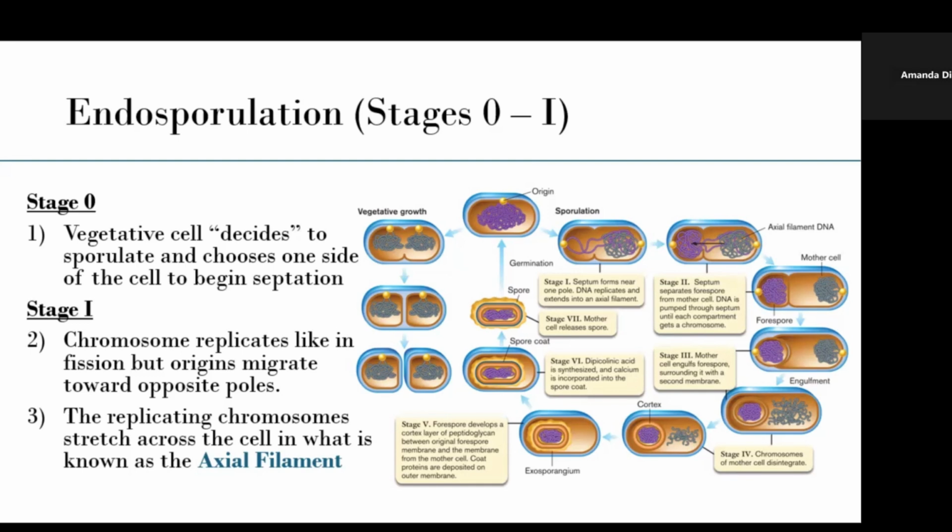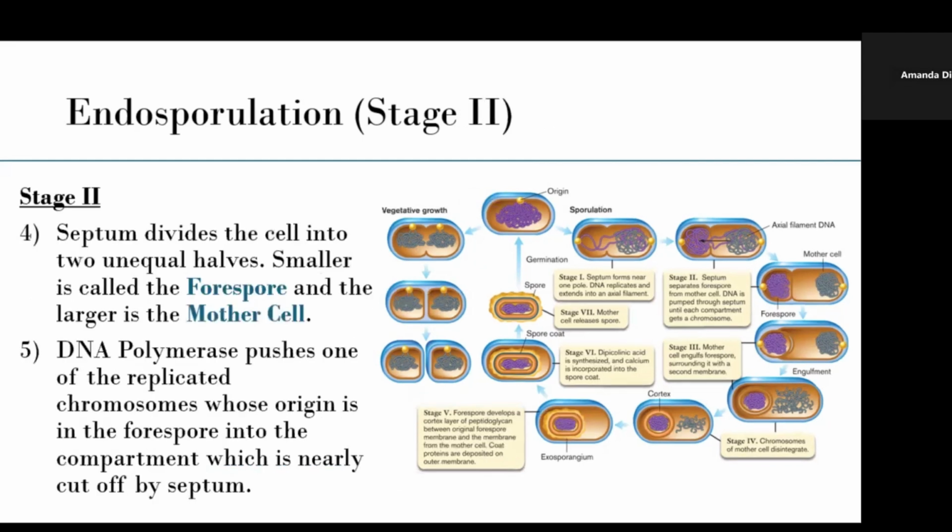And this means while it's being copied, you're going to have this piece of DNA crossing the entire cell, and we call that the axial filament. And you can see it under the microscope while it's happening, not a light microscope, an electron microscope. And so we started this replication process, and then stage 2 begins.